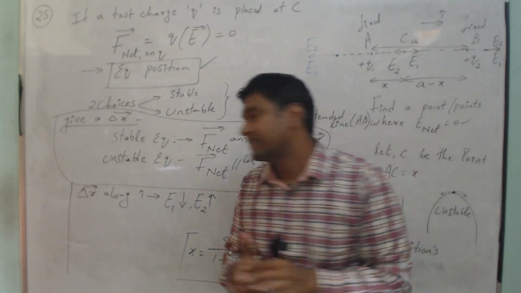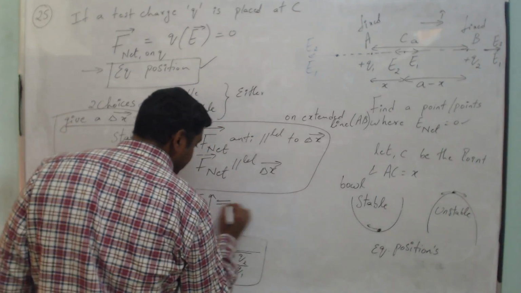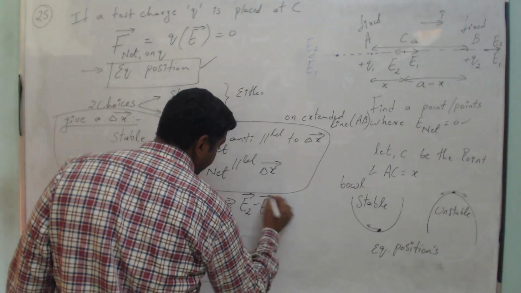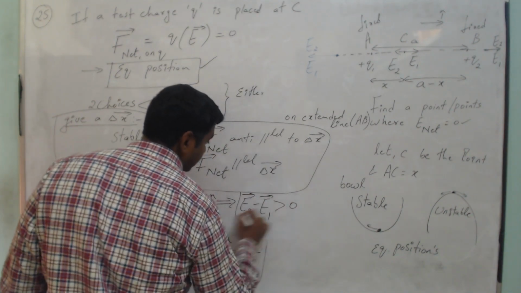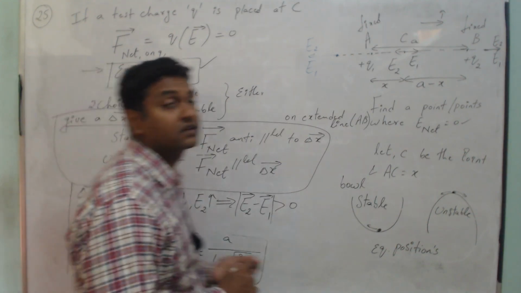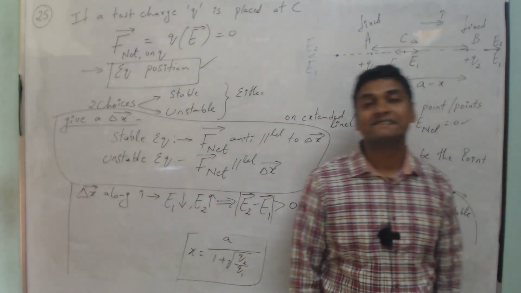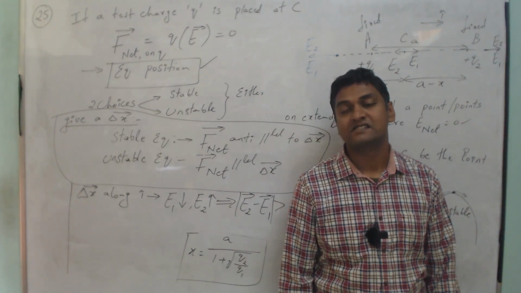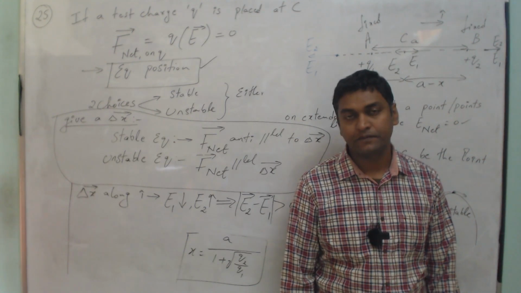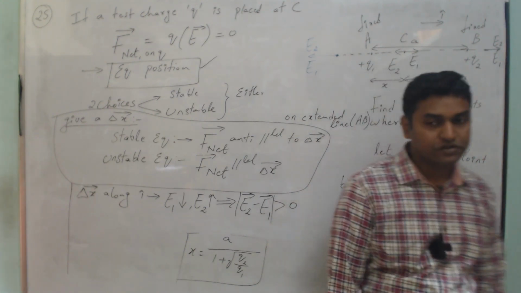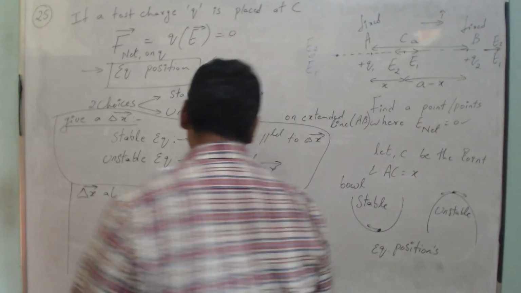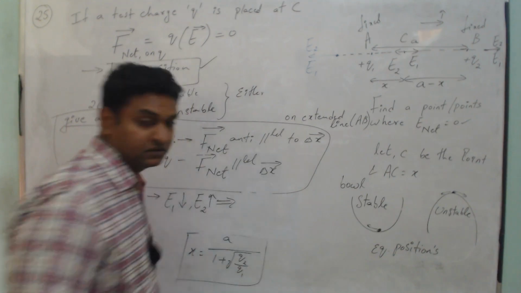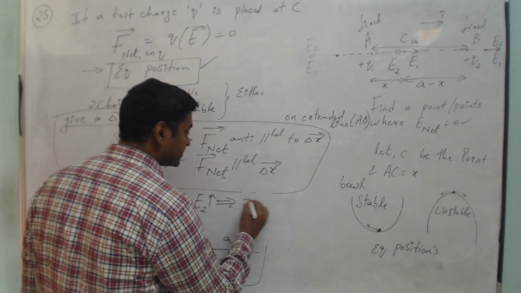That means, can I say, this implies more of the negative direction. Does this imply that the magnitude of E2 bar minus E1 bar is going to be greater than 0? Magnitude is always greater. Or let us say like this, instead of the magnitude of the entire thing, simply I'll write E2 minus E1.